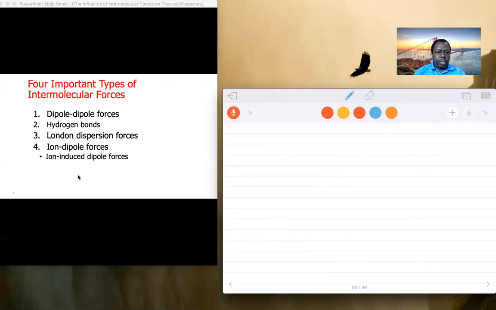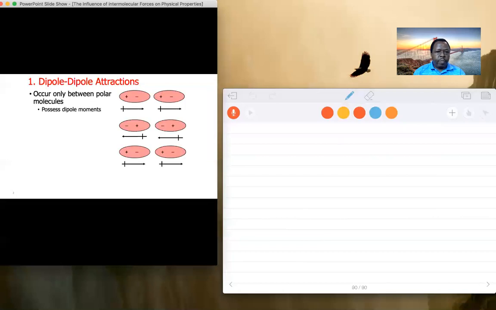Keep in mind there are 4 types of intermolecular forces, and starting off with the first one, dipole force of attraction occurs only between polar molecules. What are polar molecules? Polar means one portion of the molecule is positively charged, the other portion is negatively charged. What that causes is what we call electronegativity.